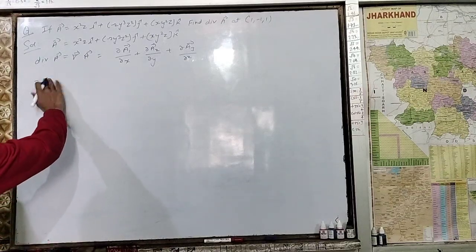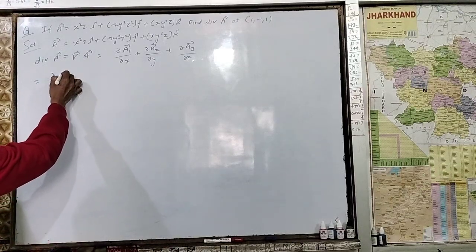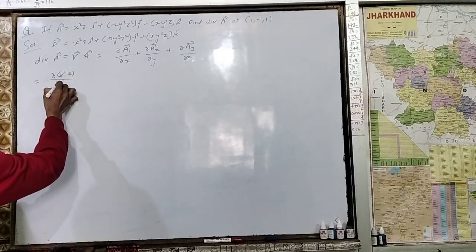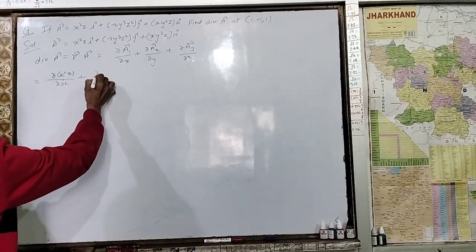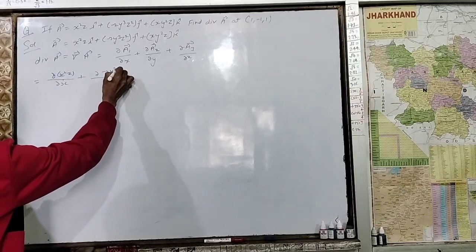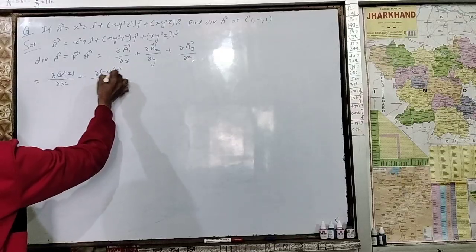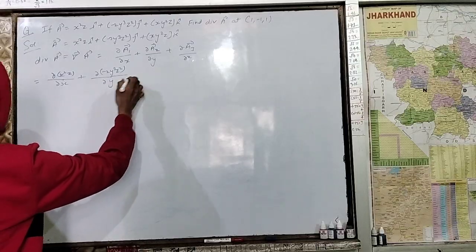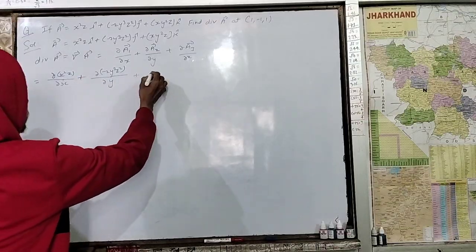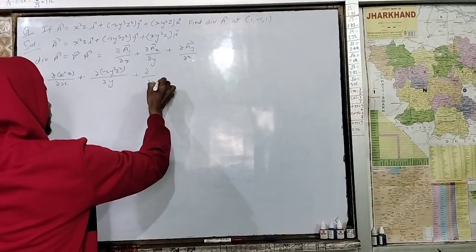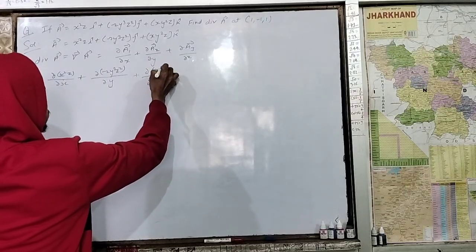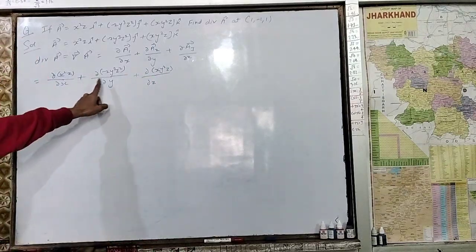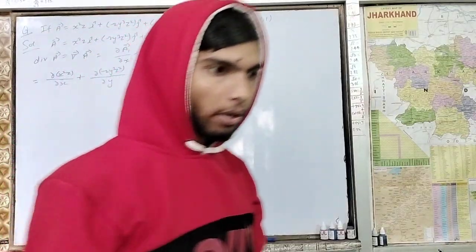So d of x square z upon dx, plus d of minus 2 y cube z square upon dy, plus d upon dz of a3, which is x y square z.